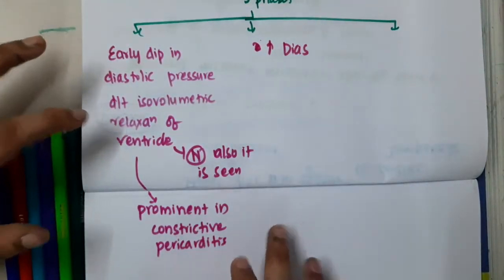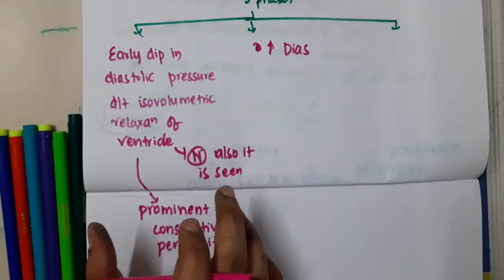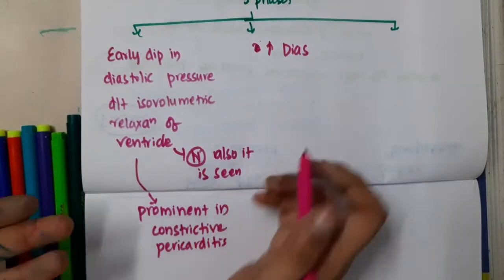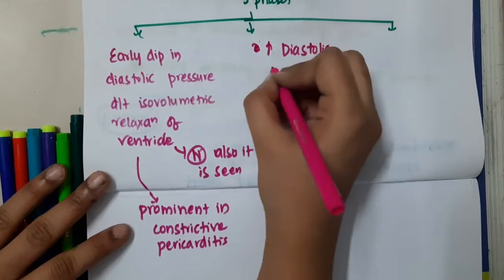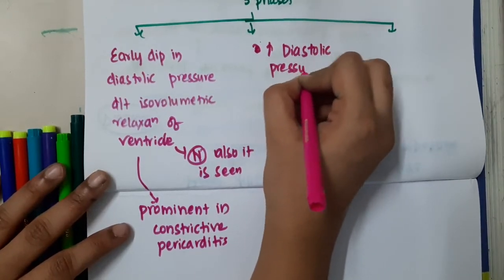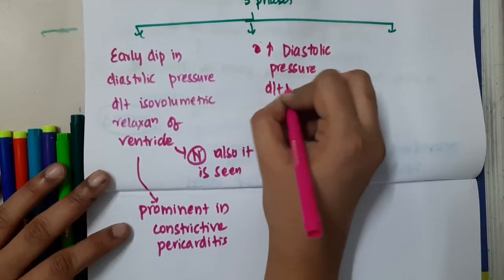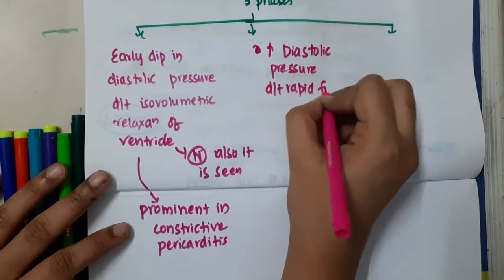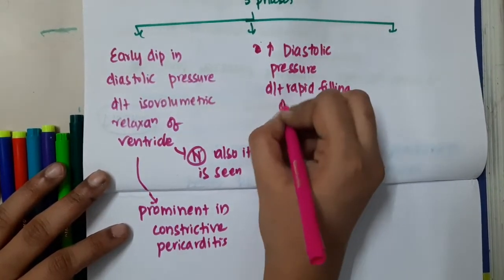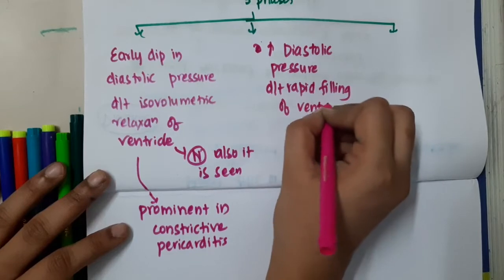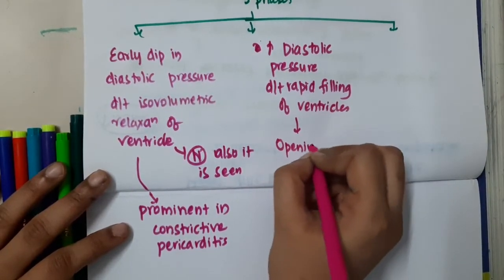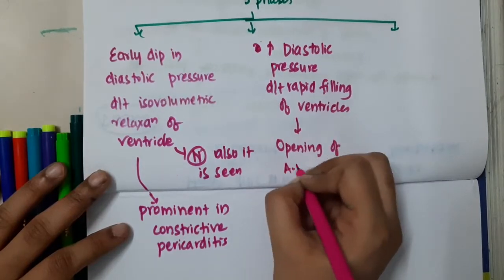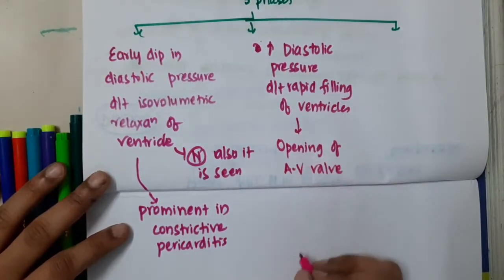After isovolumetric relaxation there is a rapid filling phase, and because of rapid filling of the ventricles you will see increased diastolic pressure. This is followed by opening of the AV valve.